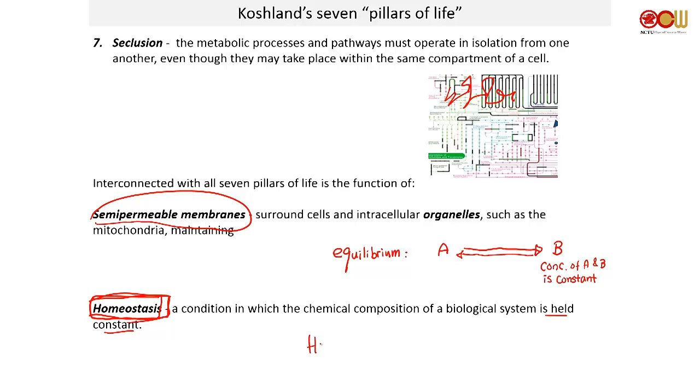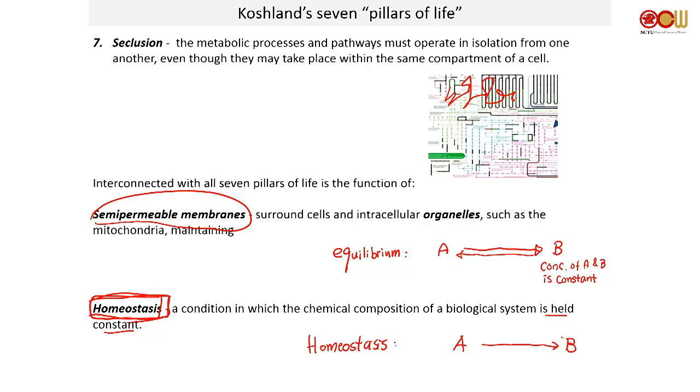So homeostasis essentially works like this. You still have A to B. This is something that has to happen. Let's say you drink alcohol and you need to metabolize it. The metabolic pathway from ethanol to CO2 is always the same.